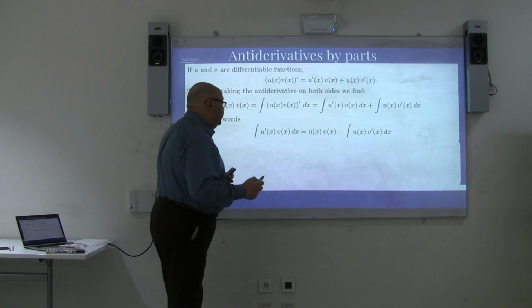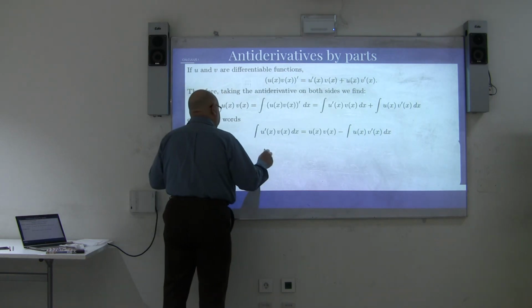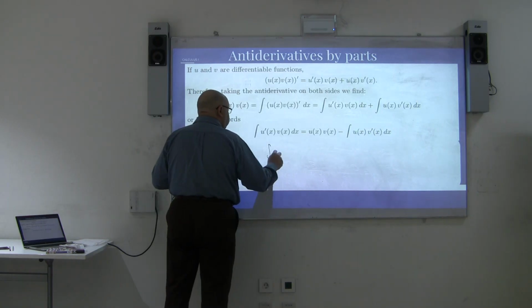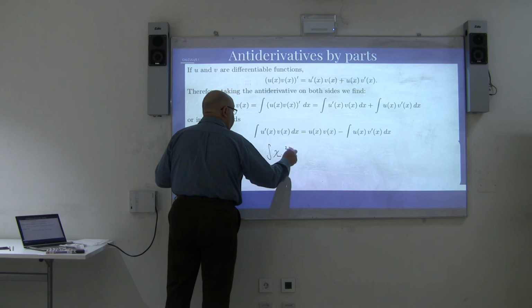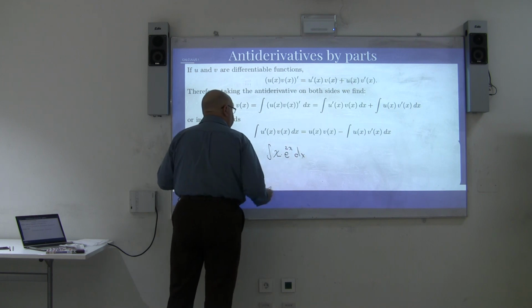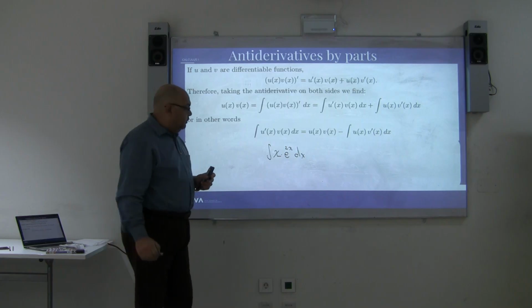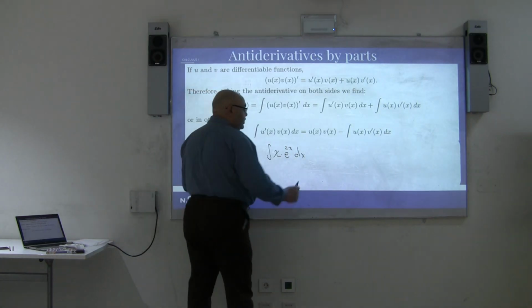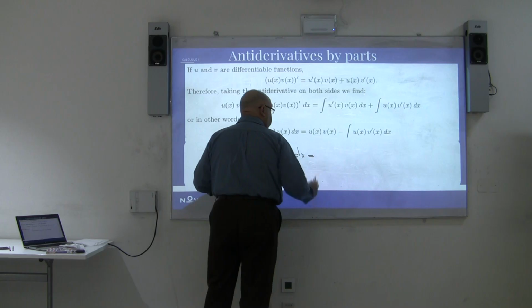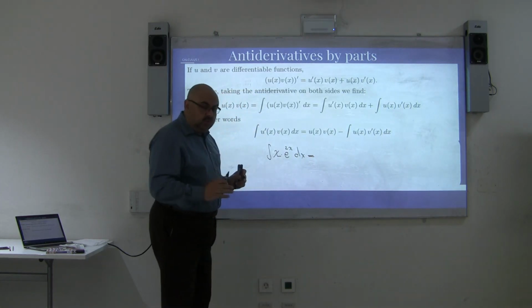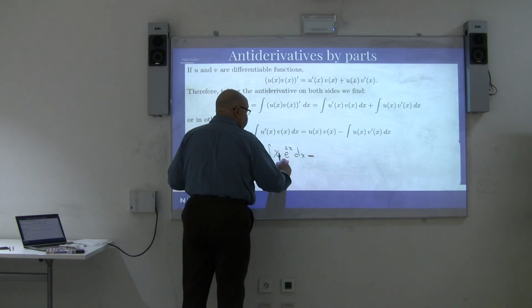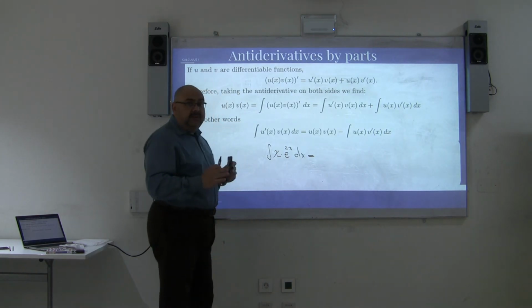Before we go further, I want to show you this problem, which I want to integrate, to find the integration of x times e to the power of 2x dx, just to try solving using integration by parts. In order to integrate this function, all I have to do is to choose one of these two parts, the first part or the second part, to be integrated, and the other part will be differentiated.